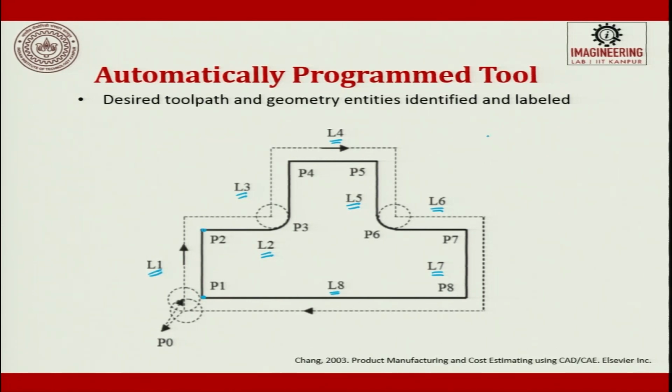So, now there are points P1 to P8 and there are lines which are L1 to L8. So, the desired tool path and the geometric entities are identified and labeled. This is a part and it is labeled.